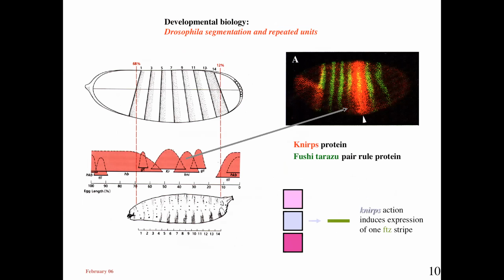Okay, so we went through this slide last class. Say these are the three different transcription factors that are there, right? Now, the gap genes, so there are three different gap genes. However they are read, it will induce the expression of its downstream effector.